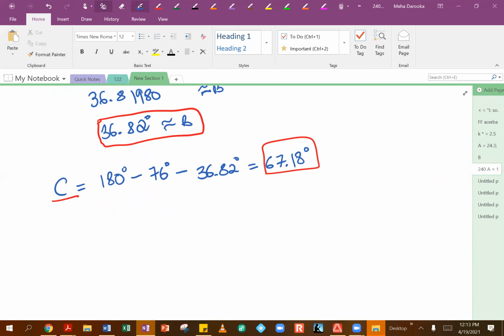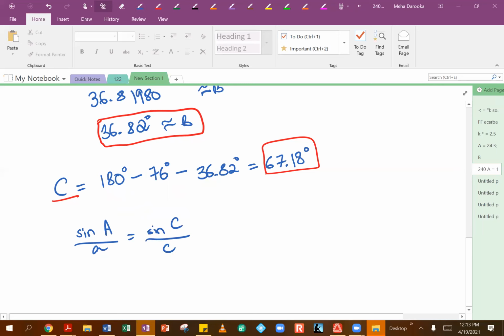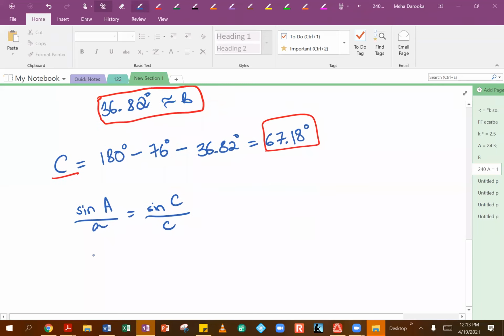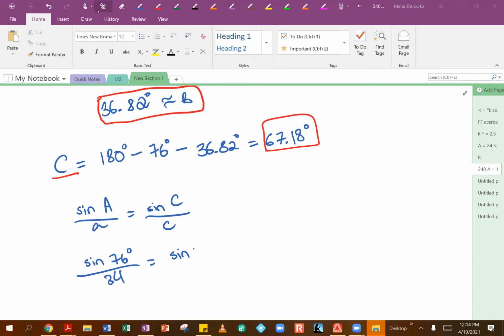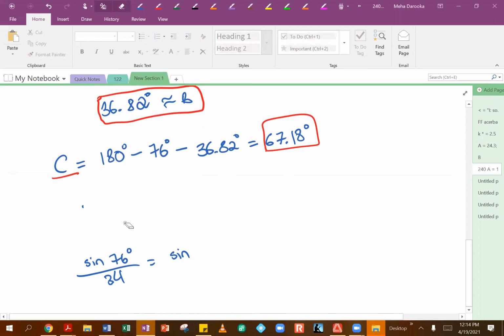All right, now to find side C. So same relationship, but between A and C. So again, sine of 76 degrees over what was my A, 34. We now have, well, honestly, this would work, but it will be easier if we invert and do the reciprocal.